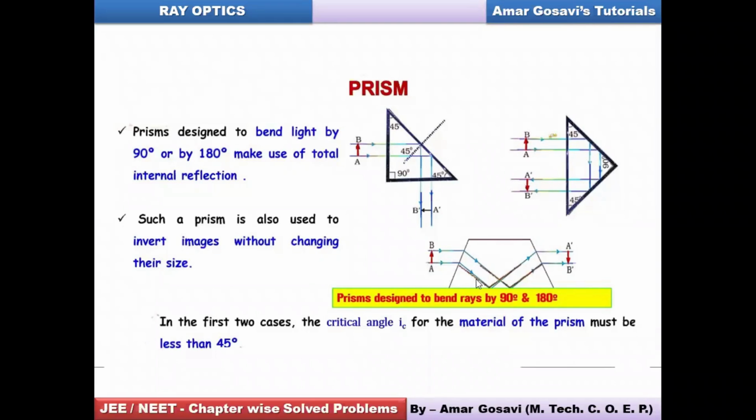The third diagram also shows you the same thing. You can see total internal reflection is made to happen in such a manner that the image gets inverted. All right. These are the three diagrams which are sufficient for you to understand how we can change the path of light depending upon our requirement.